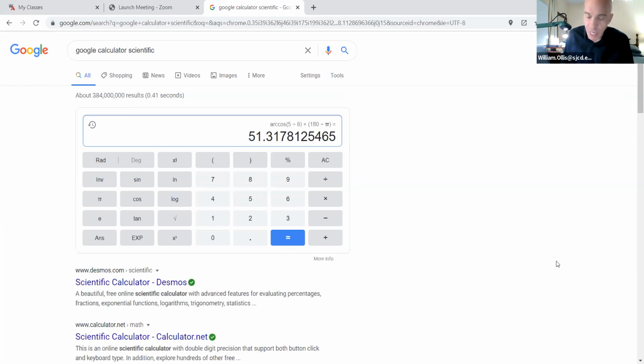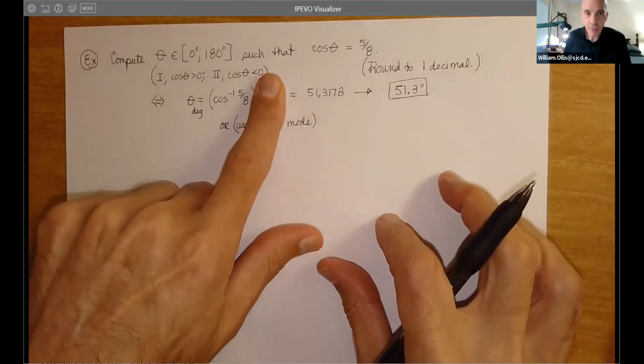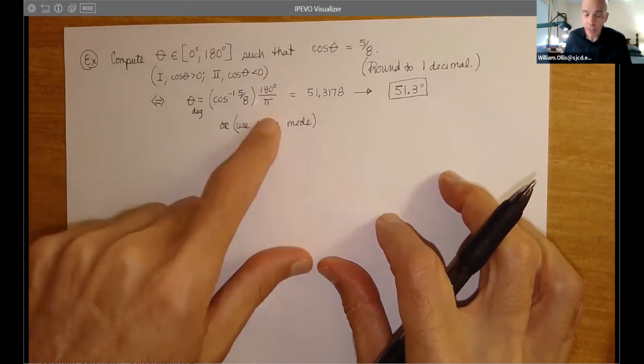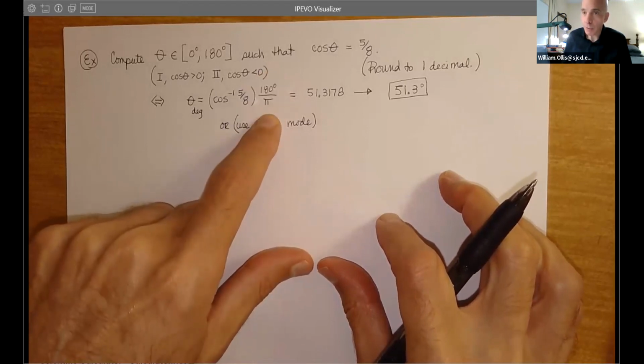So again, just like we did last class, you can utilize the degree mode and not have the actual factor. Let me show you again, this is very important. You can use the degree mode and not worry about that, or stay in radian mode and do the conversion yourself.